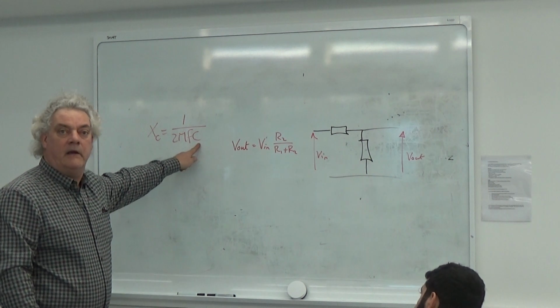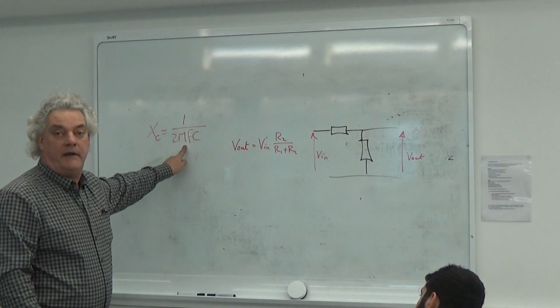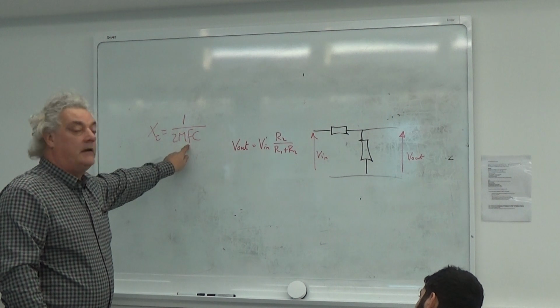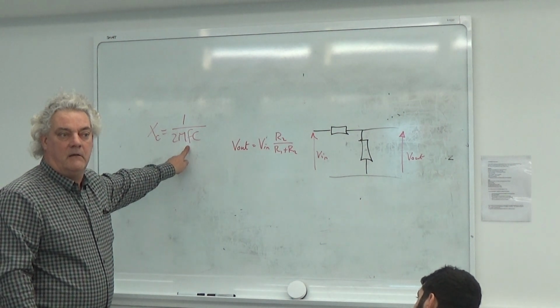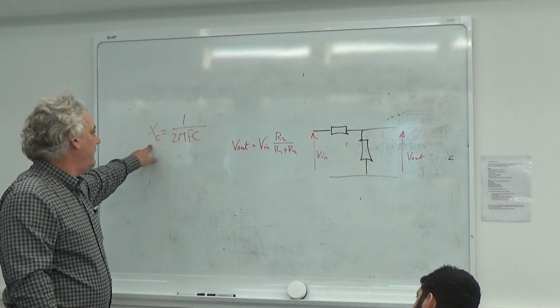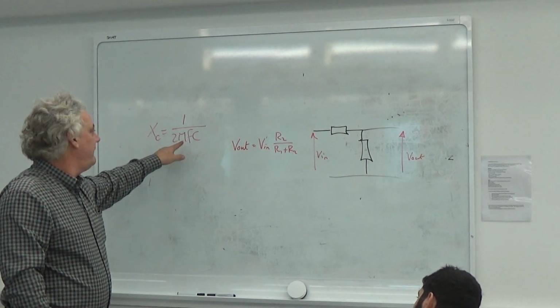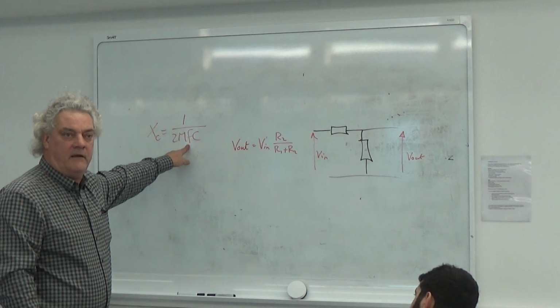The capacitor isn't going to change, 2 is not going to change, pi hasn't changed for a few years that I'm aware of, so F is probably going to be the only variable which is in there. Okay, so what does that tell you? It tells you that the impedance, as the frequency increases, what happens to the impedance?